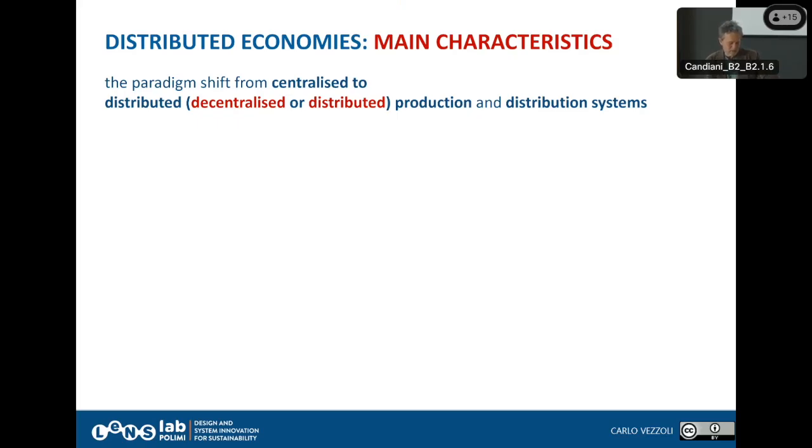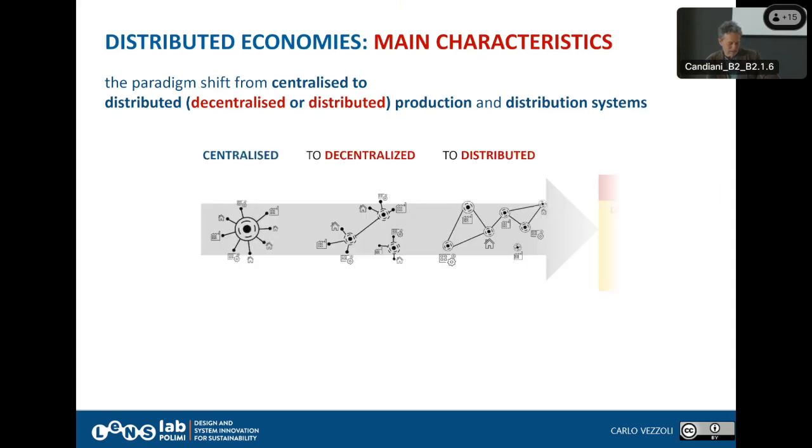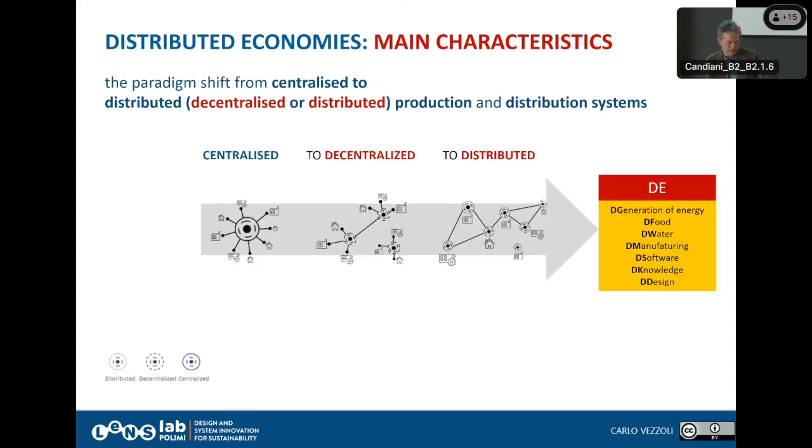So if we move from centralized to distributed, this could be decentralized, as I said, or distributed production and distribution system. You can see that in the scheme.